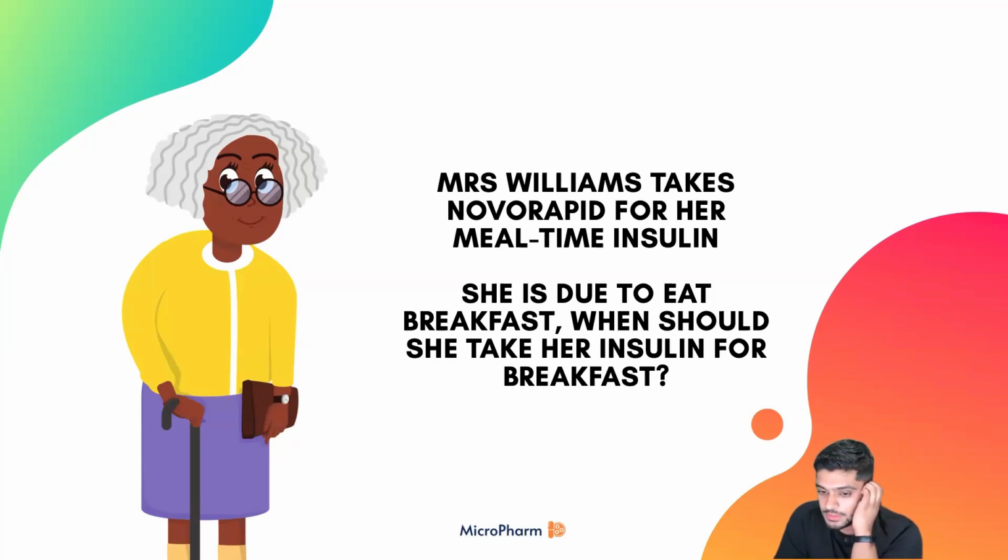Okay, I've got one person to say 10 minutes before, one person saying 30 minutes before, and one person saying directly before she eats. Okay, let's put a poll. Just bear with me. So A for directly before she eats, B for 10 minutes before, C for 30 minutes before.